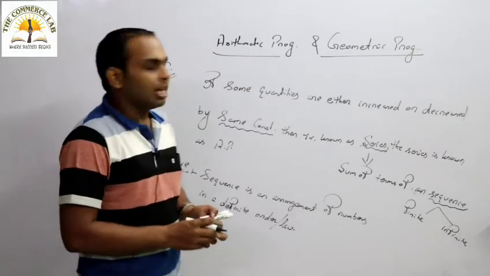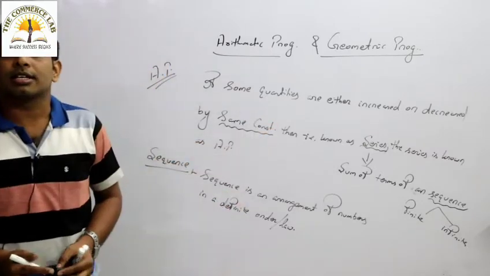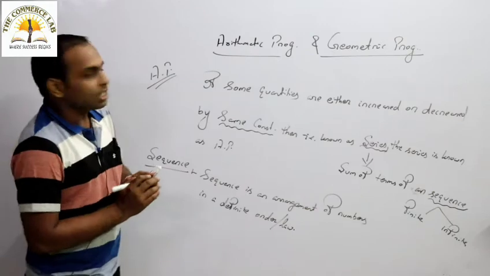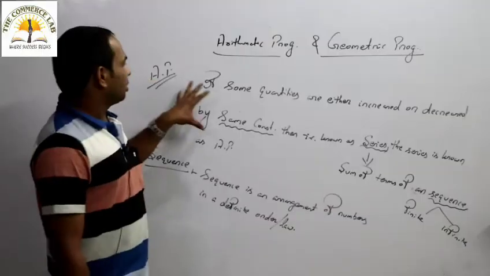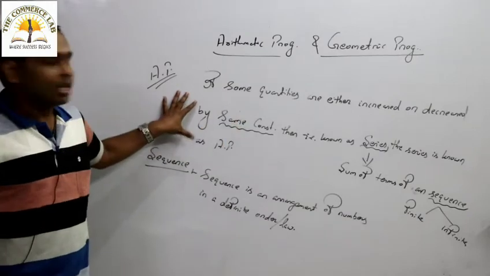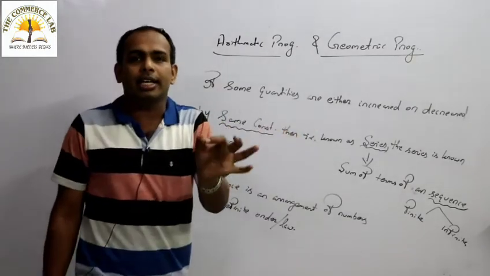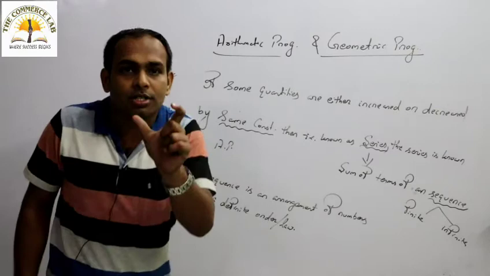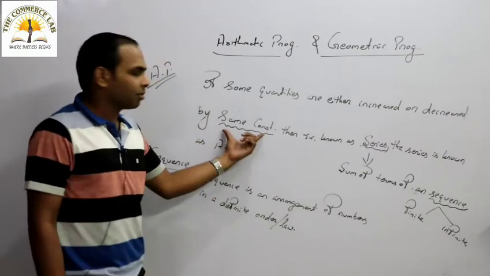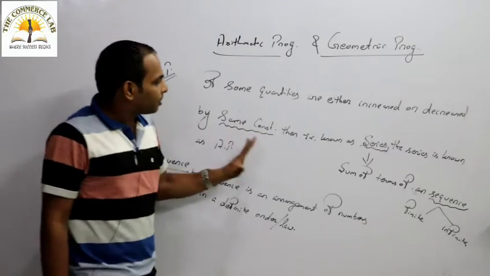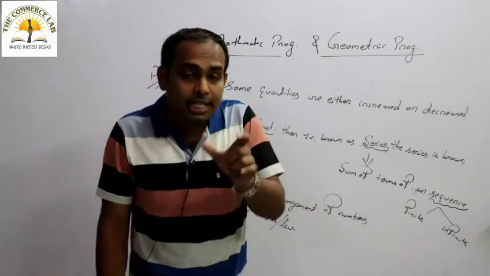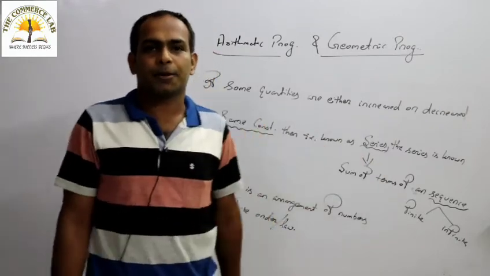So this is all about your definitions. First is arithmetic progression. If some quantities are either increased or decreased by the same constant, focus on the word same constant, not some constant, then that is known as a series, and that series is known as arithmetic progression.